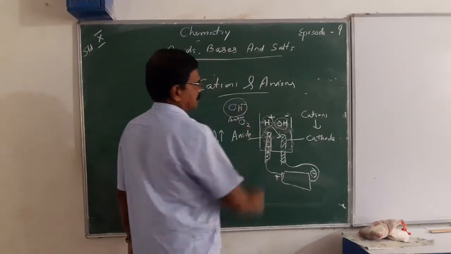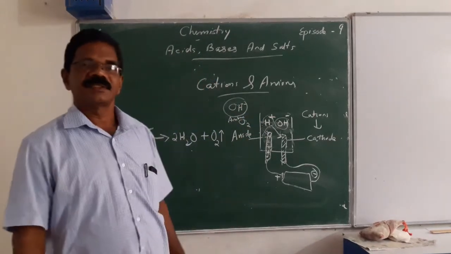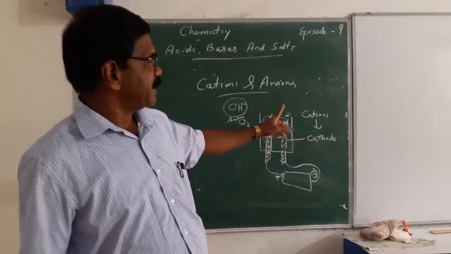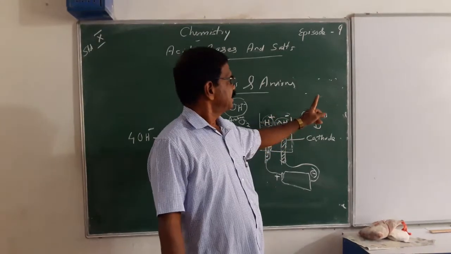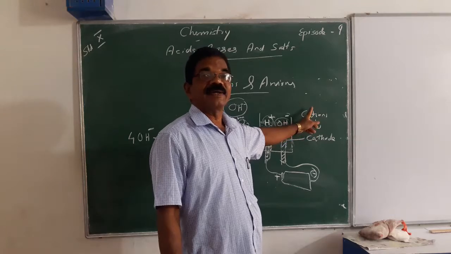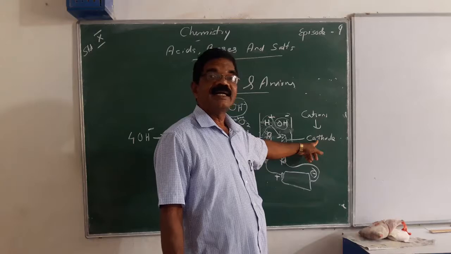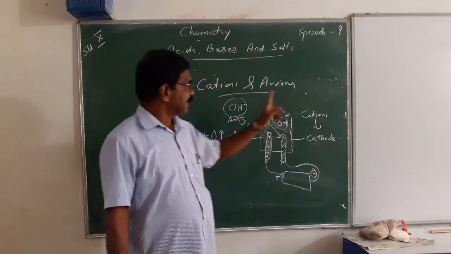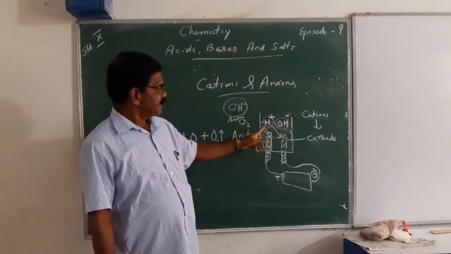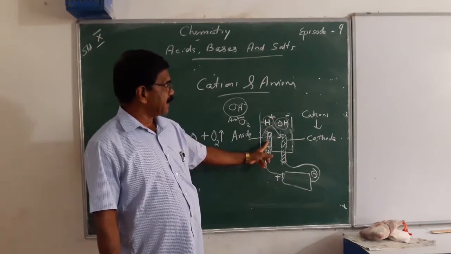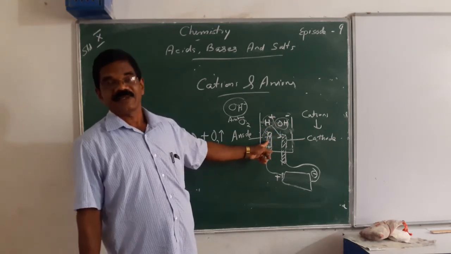So what are cations? The positively charged ions which move towards the cathode are called cations. What are anions? The negatively charged ions which move towards the anode are called anions.